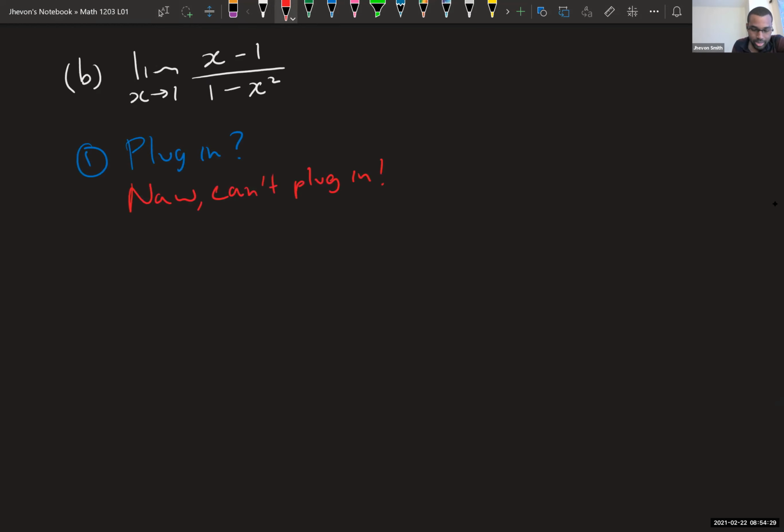Right? Because it's like division by 0. Now you start to think about something else. The second thing you would think about, simplify. Right? So can we simplify this?